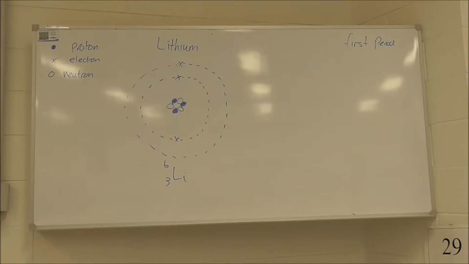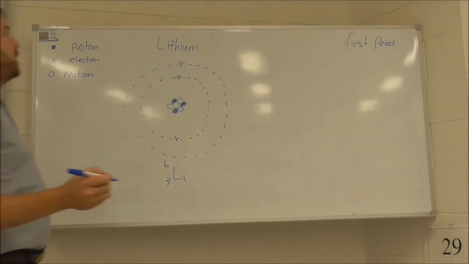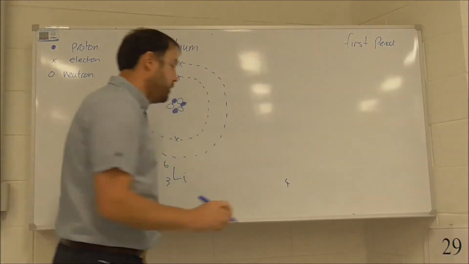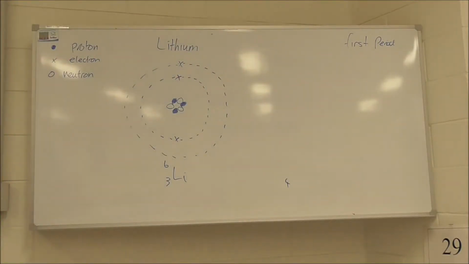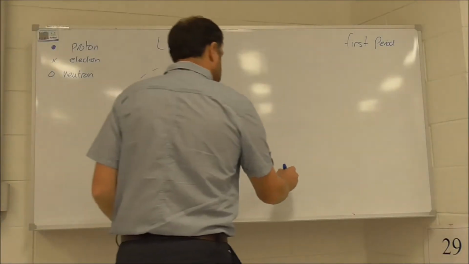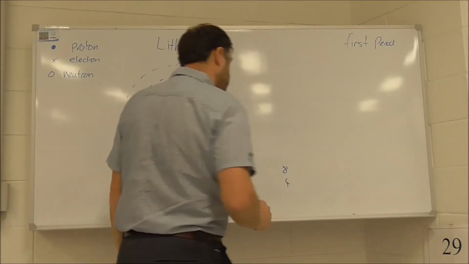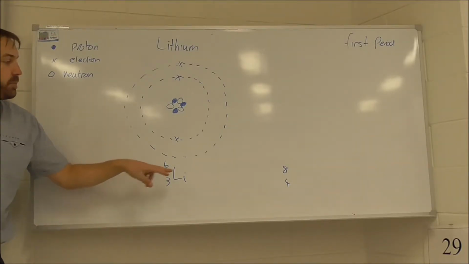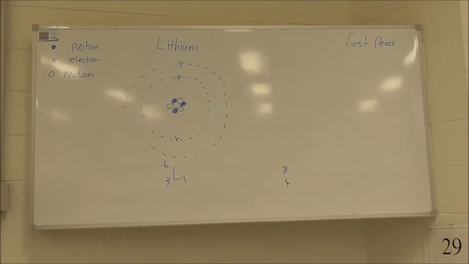So the next one would be atomic number 4. And just for simplicity, I'm going to have 4 neutrons in there as well. So 4 protons plus 4 neutrons gives me an atomic mass of 8. So what would be the atomic species that has atomic number of 4?